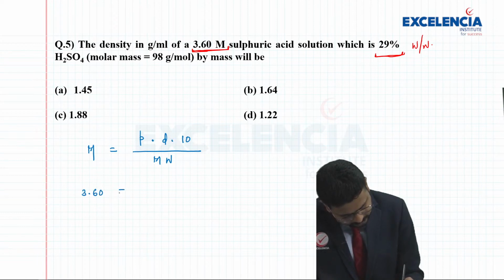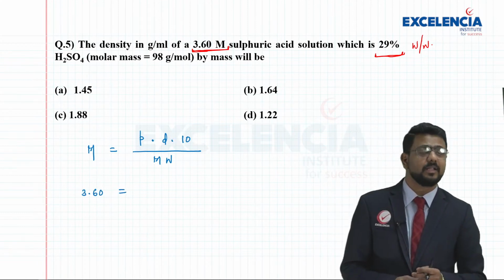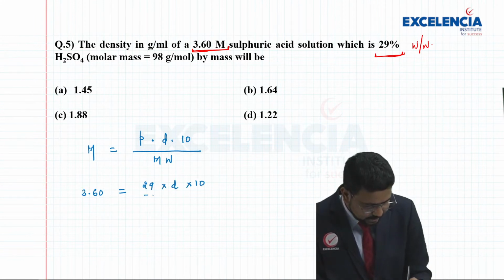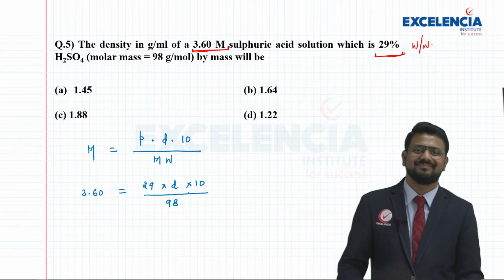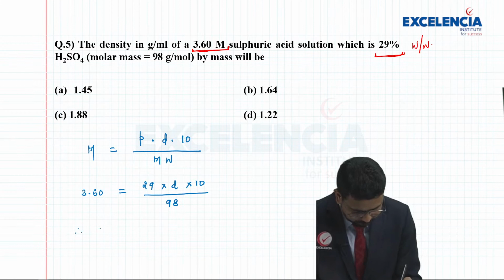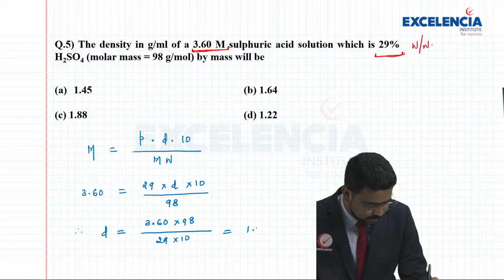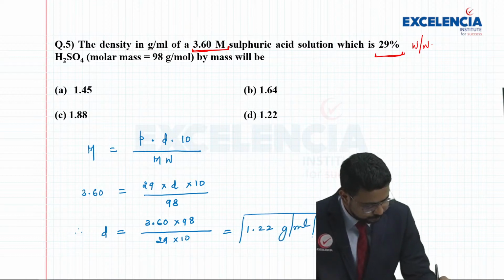Now you have been given the molarity, which is 3.60, which is equal to, percent weight by weight is given to you as 29%. Density we have to find, times 10, divided by molecular weight here, which is nothing but 98. So when you solve this for density, that is D is equal to 3.60 times 98 over 29 times 10, which gives you the answer as 1.22 grams per mL.